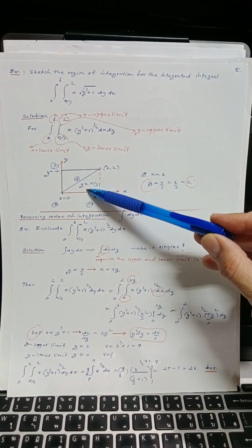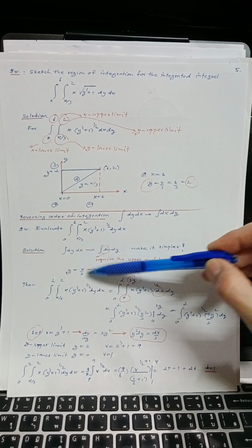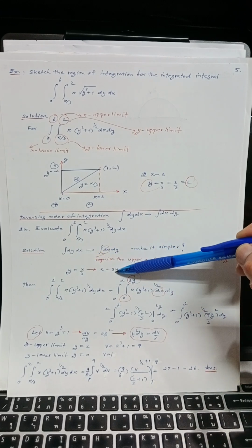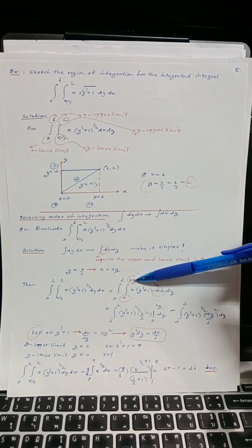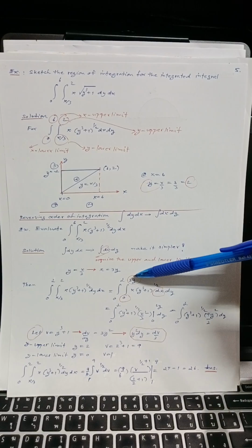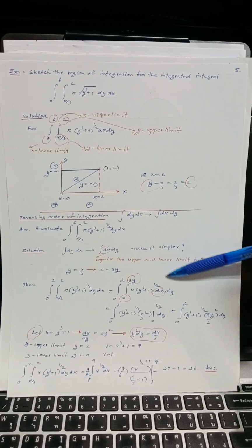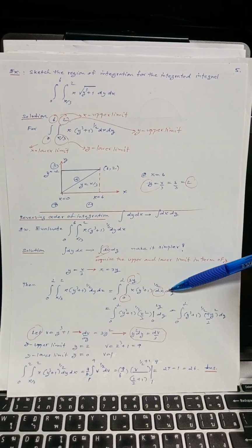Our x depends on y, in the term of x equal to 3y. So the upper limit in arbitrary term is 3y here, because as told you before, later on you need to differentiate with respect to dy.